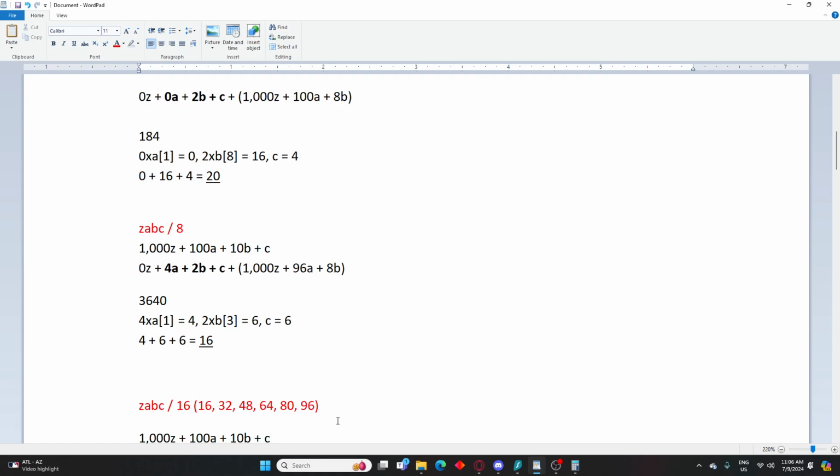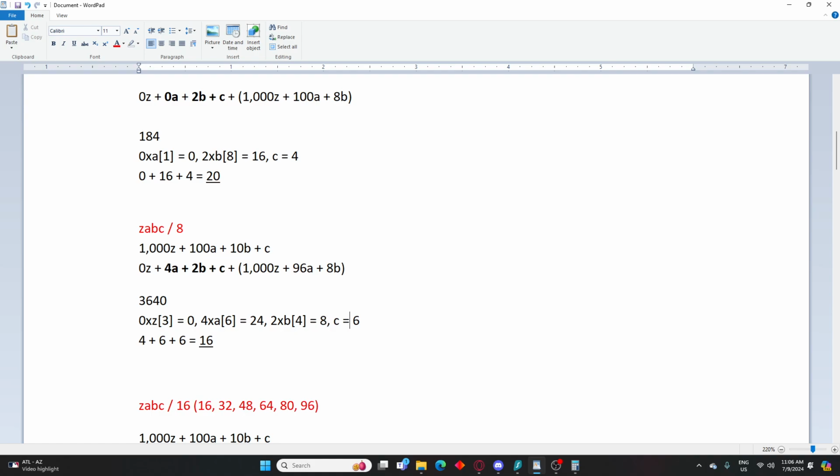How about that? So 0 times Z, and Z is 3, is equal to 0. 4 times A, in this case A is 6, is equal to 24. 2 times B, in this case B is 4, is equal to 8.